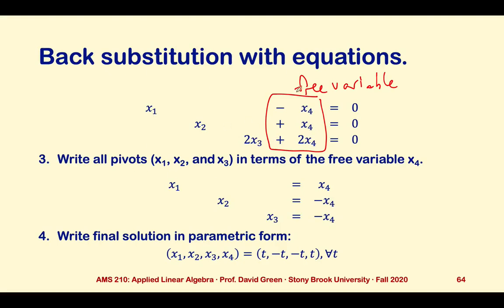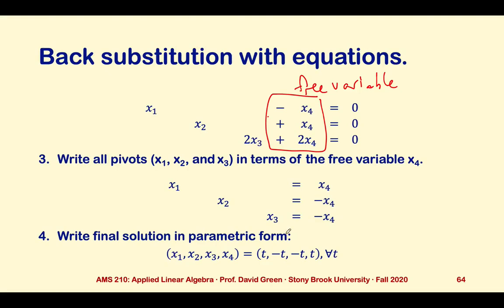But after we've gone through these elimination steps, we can really easily do that. x1 minus x4 equals 0 means x1 equals x4. x2 plus x4 equals 0 means x2 equals negative x4. 2x3 plus 2x4 equals 0 means x3 also equals negative x4.